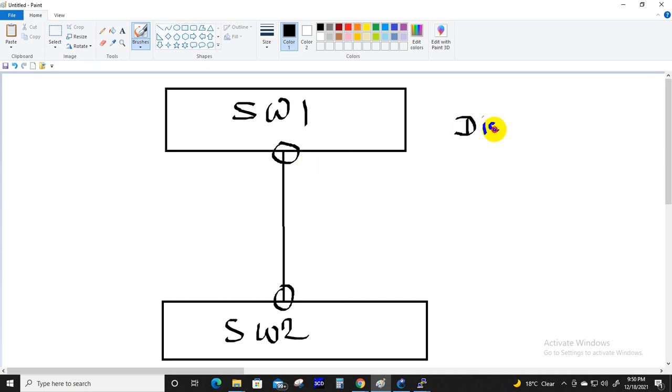In which state? Discarding state. And assumes itself as designated port, because both assume itself as root bridge.